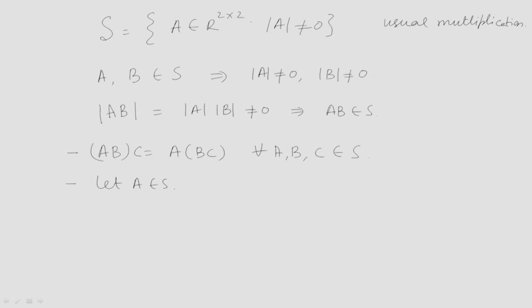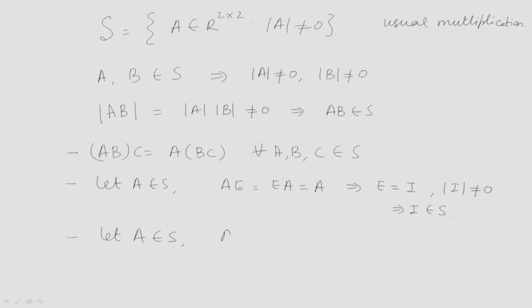Now, the existence of the identity element. You take any A in S, A into E should be equal to E into A should be A. So, this implies E is equal to I, and the determinant of I is not equal to 0. So, this implies I also belongs to S. This guarantees the existence of the identity element in S. Now, we have to see the existence of the inverse element.